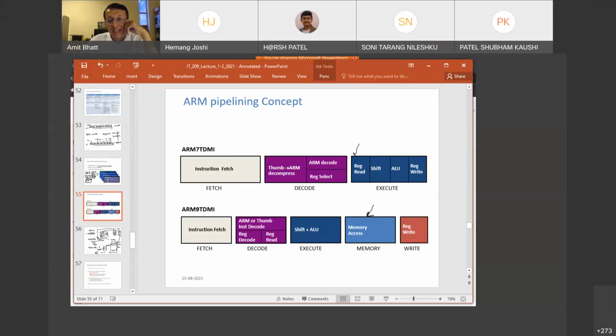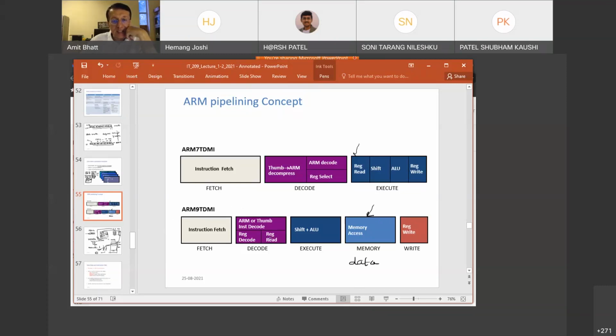This memory access is actually data memory access. So if you throw in your load instruction, it would say load something into register R1 from some memory location. That instruction will be fetched. It would be decoded over here.